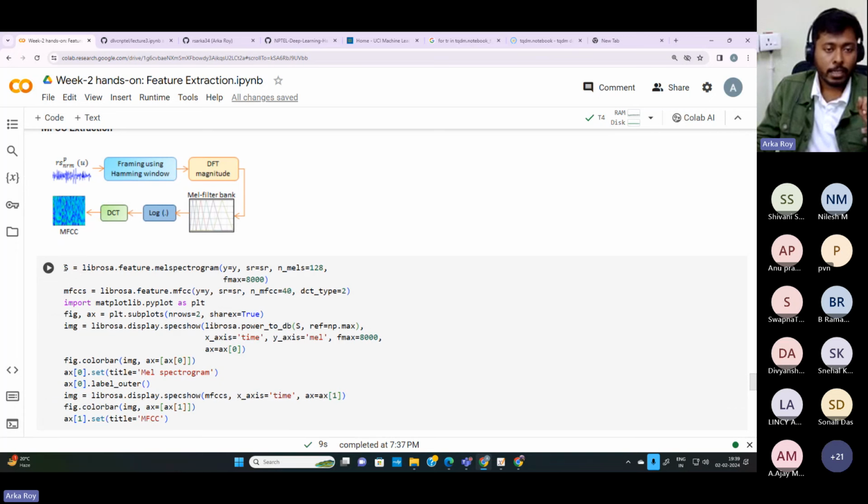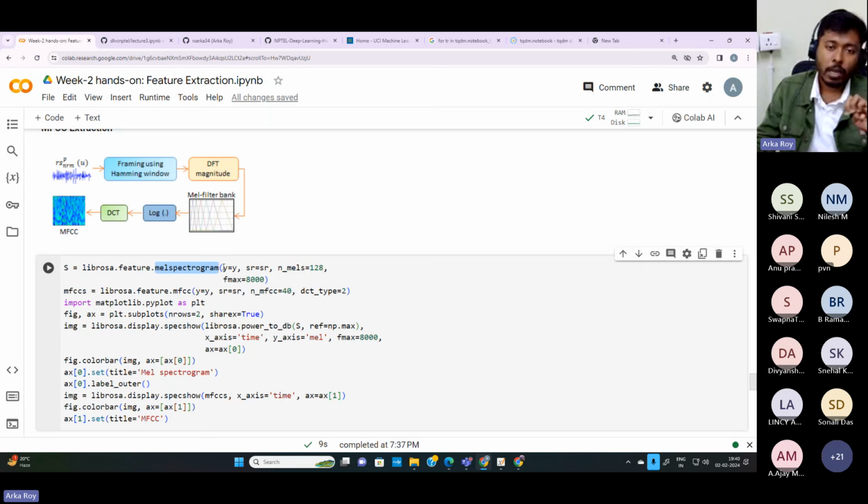To extract the MFCC using Librosa, we have shown an example. First we are trying to extract another feature called the mel spectrogram. A spectrogram basically gives you the time-frequency distribution. A mel spectrogram is a mel-scaled spectrogram. So you apply a filter over here and then you get the mel spectrogram.